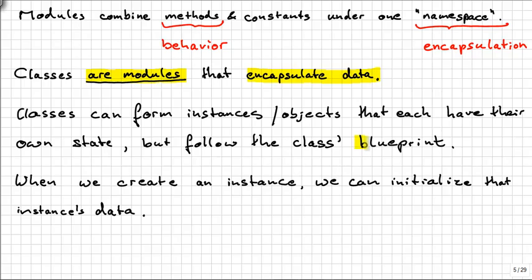The class defines a blueprint in terms of the data and the behavior for this particular instance or object. And when we create an instance, we can initialize that instance's data state into a state we want to have. We'll now see how this actually happens in a concrete example of our Middle-earth blog.